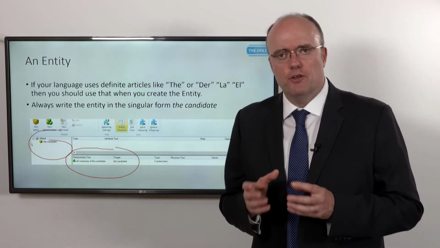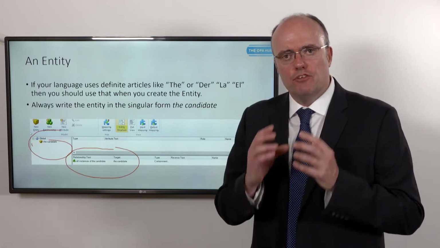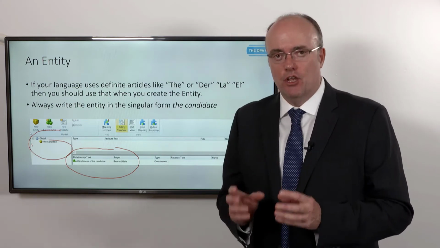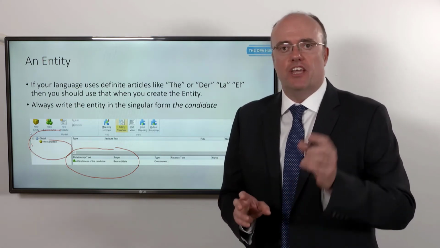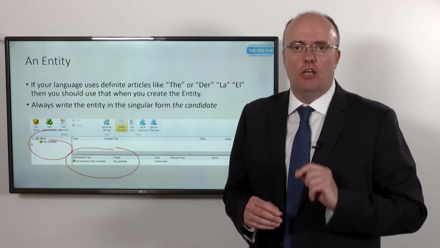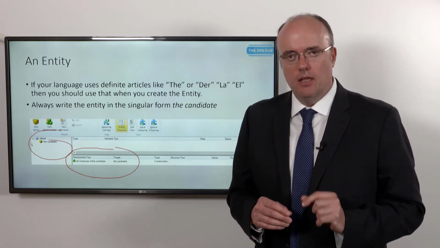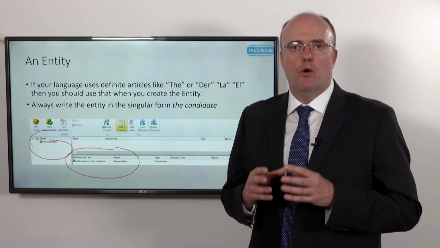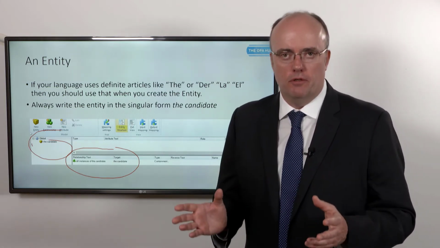The second reason for doing this is because it's very important that you describe your entity first in the singular form. So the candidate, not the candidates. So the little yellow box you should always keep an eye out for, make sure that you have the singular version. The second area that I annotated down at the bottom is where we need to describe the plural.